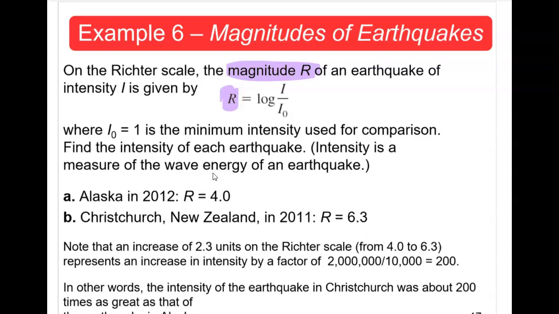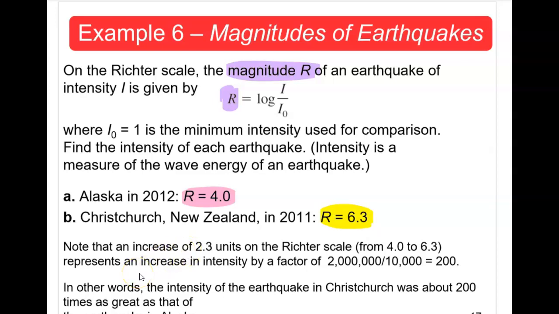And so in Alaska in 2012, there was an earthquake with a Richter scale of 4.0. And in New Zealand in 2011, there was one with a Richter scale of 6.3.